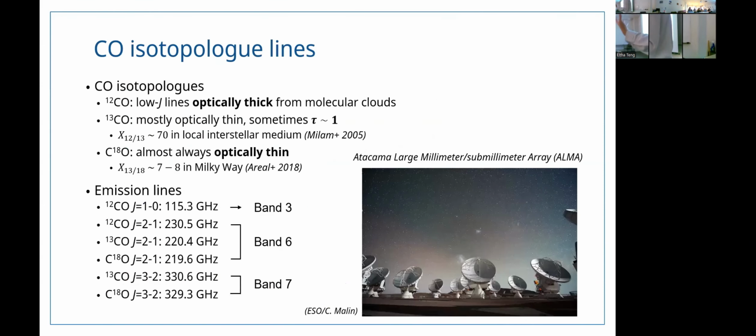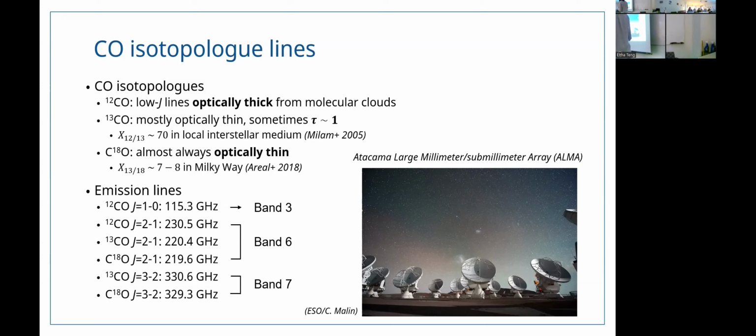And a little more introduction on CO isotopologs. CO isotopologs means CO, but with different isotopic composition of the C or the O. So for example, the CO we have been referring to so far actually means the most typical 12C16O.